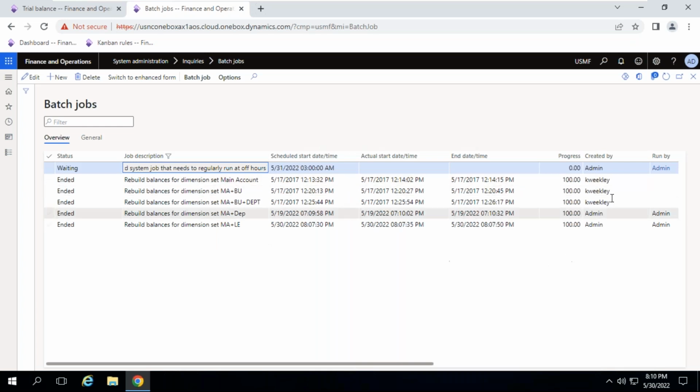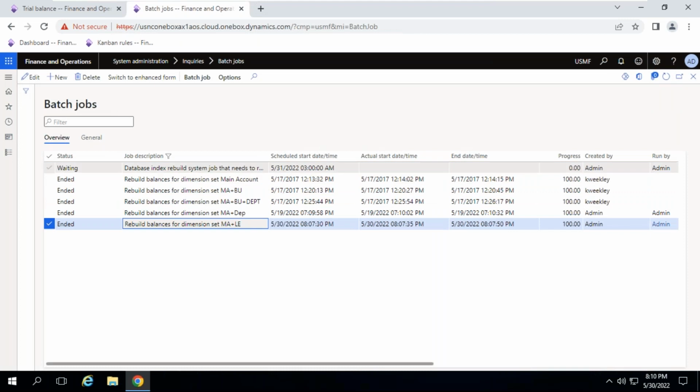So it is executing. So one is completed. Okay, it is updated. Rebuild balances are updated.